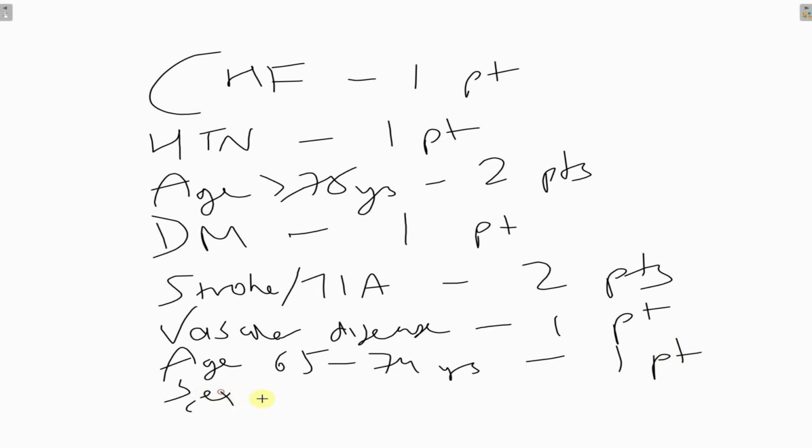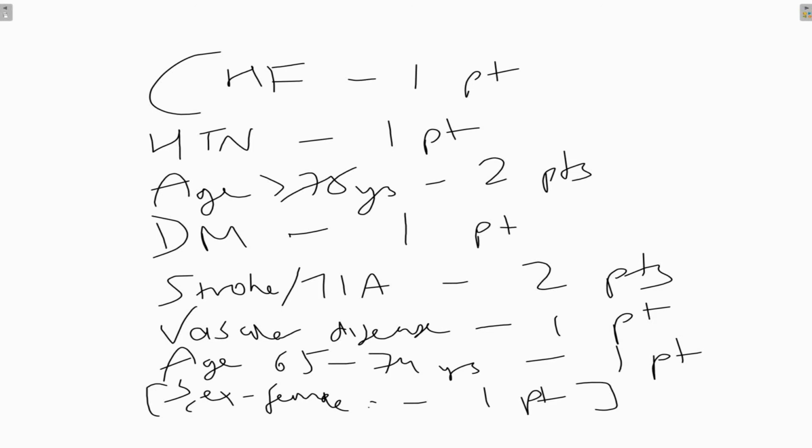And sex of the patient, if it's female, conforms to 1 point. Now, this is an important note: say a patient is only female and doesn't have any other risk factors, then you wouldn't count that as a risk factor. That can only be added on if there's another risk factor present in, say, a female patient. It can't just be used alone.